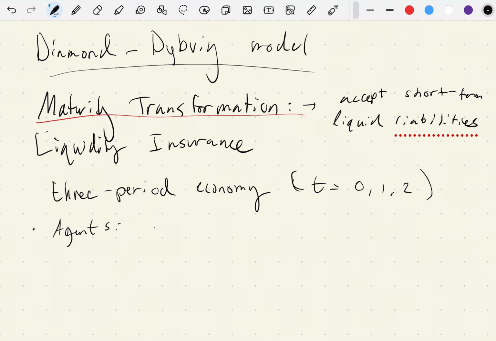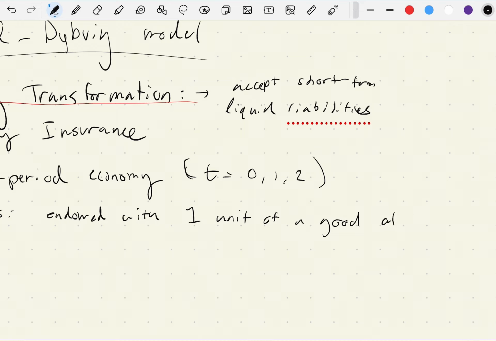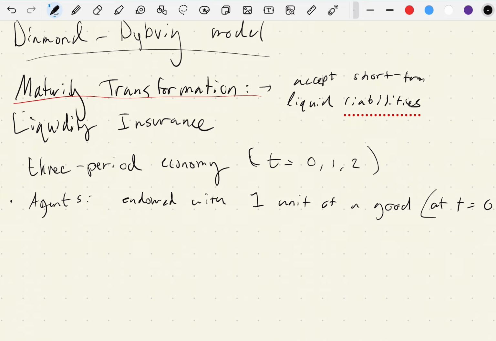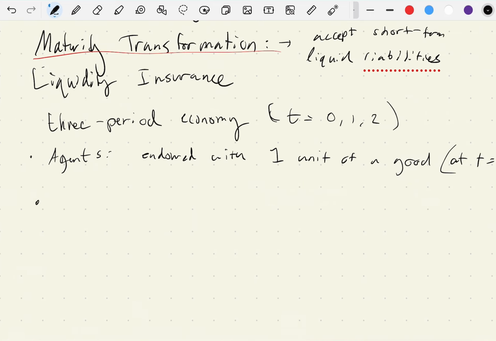There's a large population of identical agents in this model, and each is endowed with one unit of a good at t equals 0.